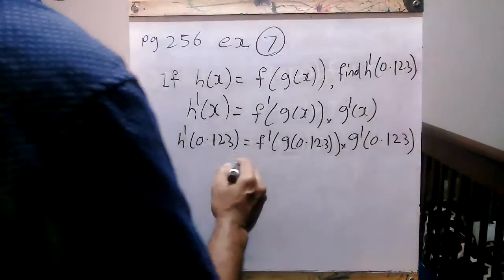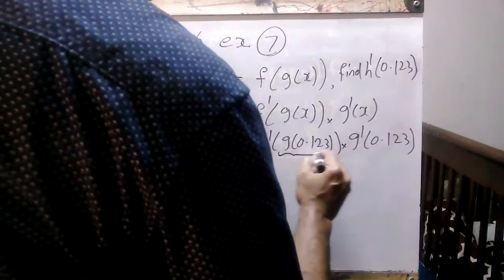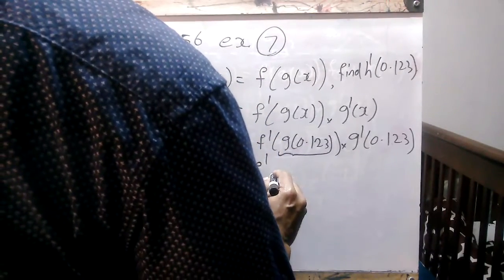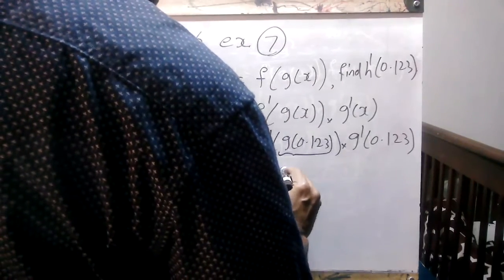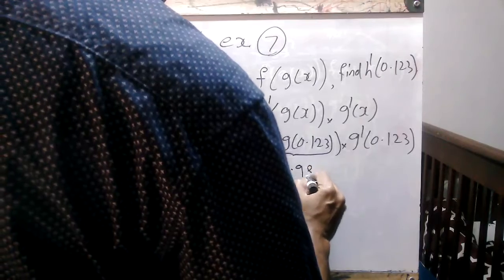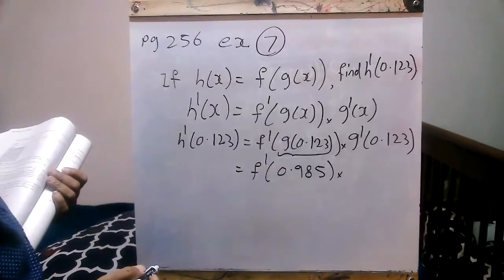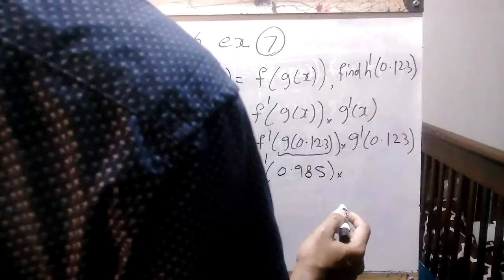Substitute those values, we get f' of, substituting for this, 0.985. Multiply by g'(0.123), it is negative 246.